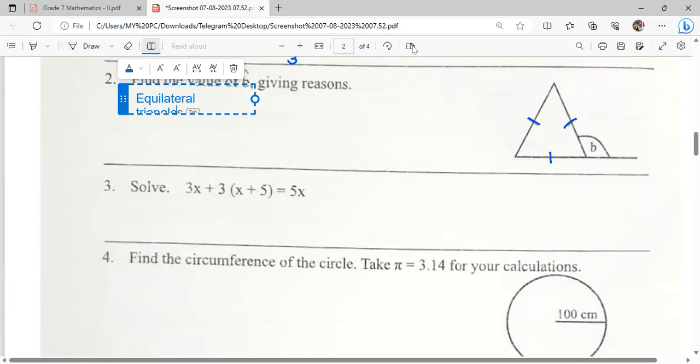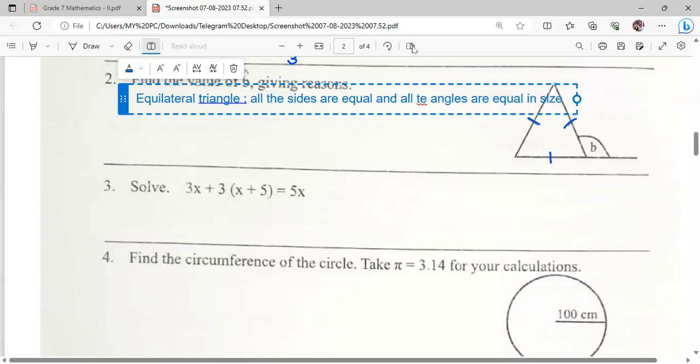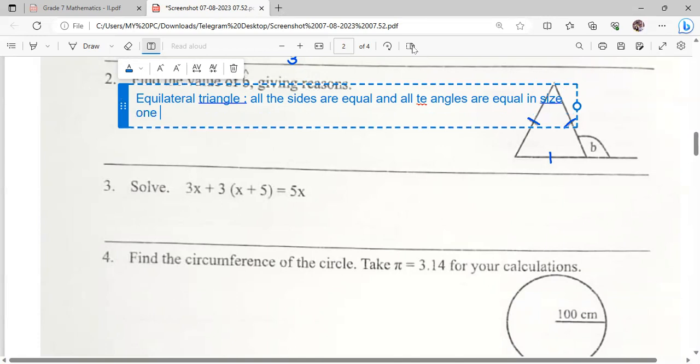So we know that all the sides are equal, all the sides are equal, and all the angles are equal in size. And one angle is what? One angle is 60 degrees, right?